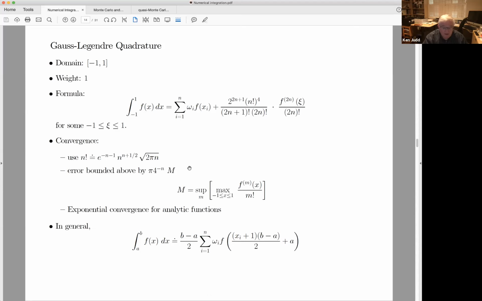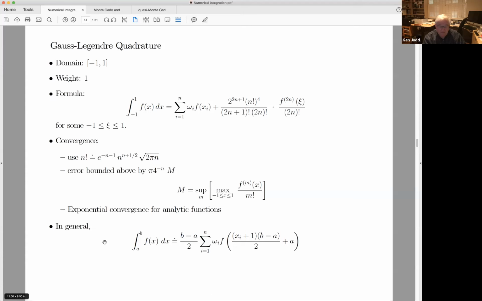And so basically there's this nice bound on the error. For an analytic function, a function that's analytic on this domain is going to have a bound on this term. And so then you're going to have exponential convergence.